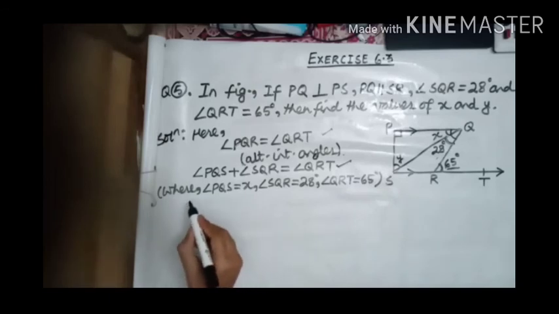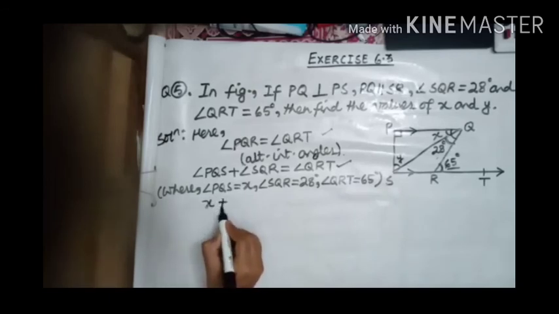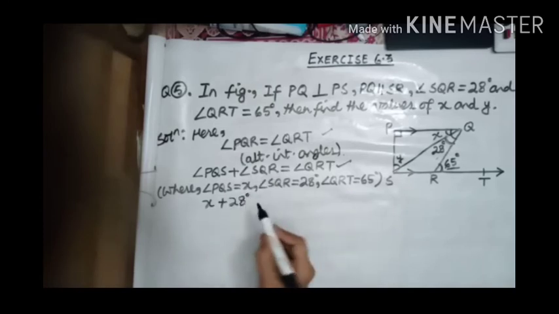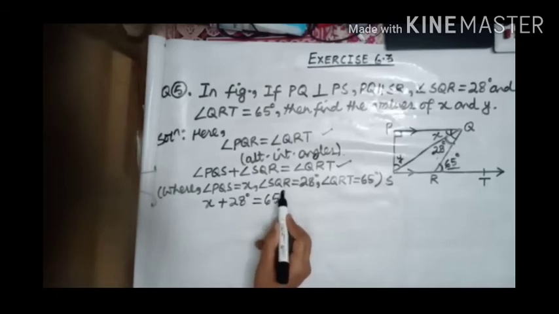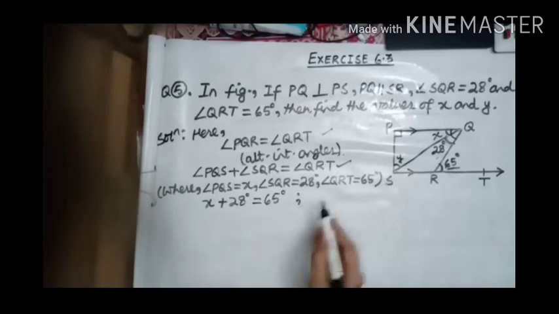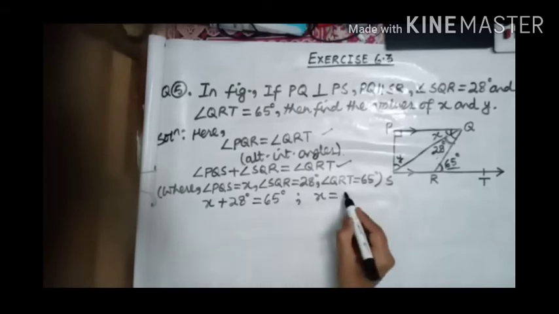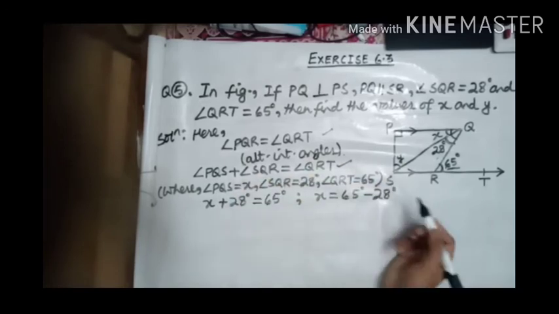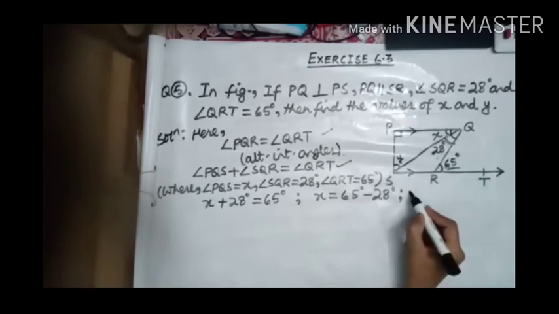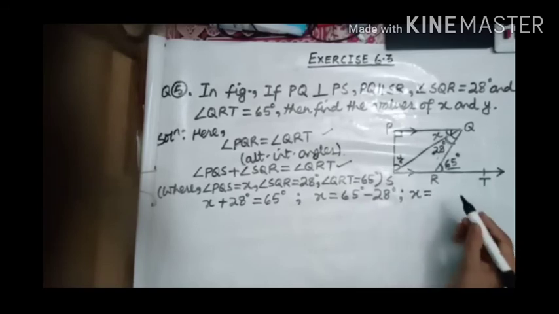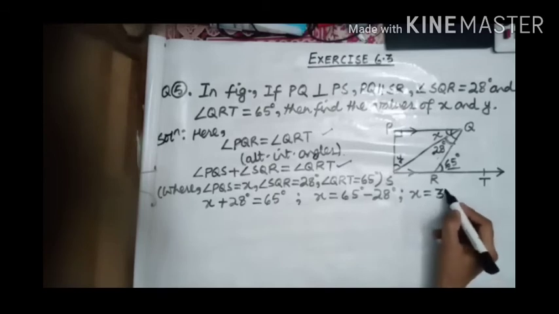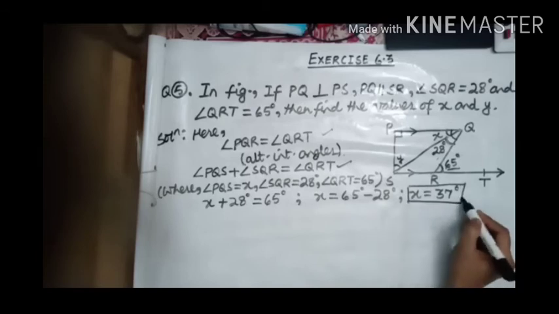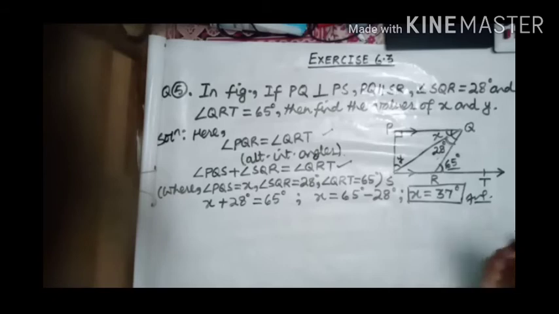So it becomes X plus 28 degree equals to 65 degree. Therefore, X equal to 65 degree minus 28 degree. Hence, the value of X becomes 37 degree. That's the required value of X.